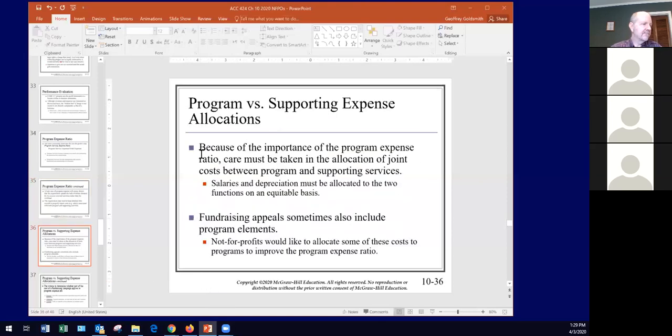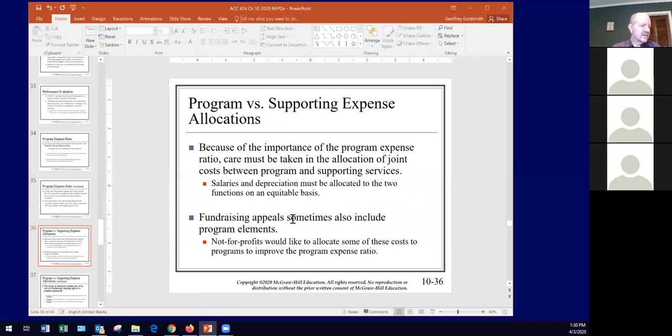Because of the importance of the program expense ratio, care must be taken allocating joint costs between program and supporting services. Depreciation must be allocated to the two functions on a reasonable, equitable, fair basis.